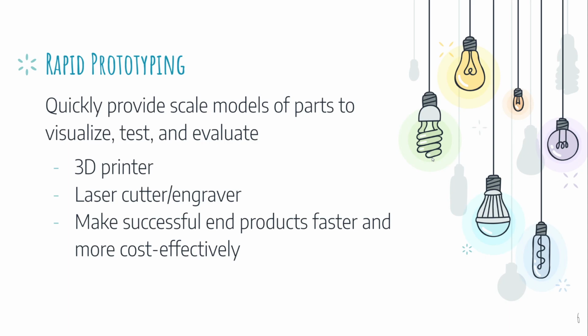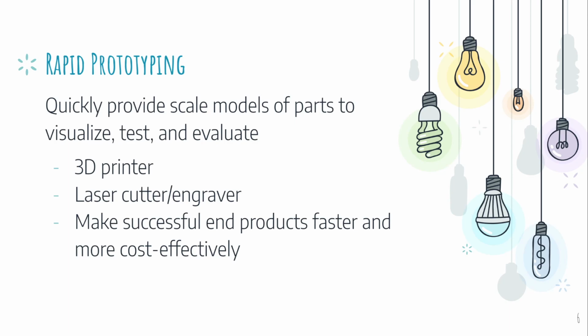And then again, piggybacking off of the CAM and CNC concepts is another trend that's been gaining more and more popularity as time goes. It's kind of hit a bit of a plateau right now in the 2020s, but it is rapid prototyping. So those are things like 3D printers and laser cutters, where we can make quick prototypes.